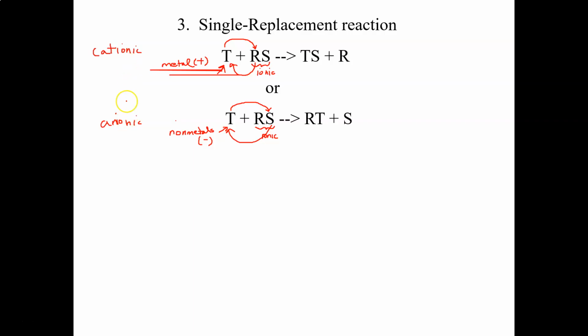In fact, in your homework, you're going to have to make sure that you're stating whether a single replacement reaction is cationic or anionic. Now, there's a few things that we have to remember about a single replacement reaction. It's relatively easy to figure out what the products are going to be because once you've identified whether it's going to be cationic or anionic, you know what's going to replace what.